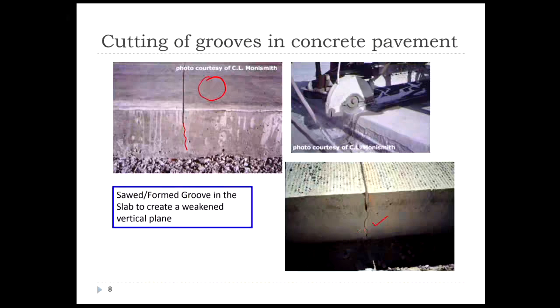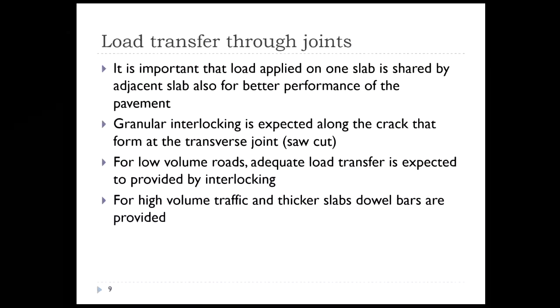Whereas in the case of a high volume concrete pavement, not only do we have aggregate interlocking, we will also have dowel bars which would be placed between these two slabs. So it is important that the load applied on one slab is shared to the adjacent slab for better performance of pavement.